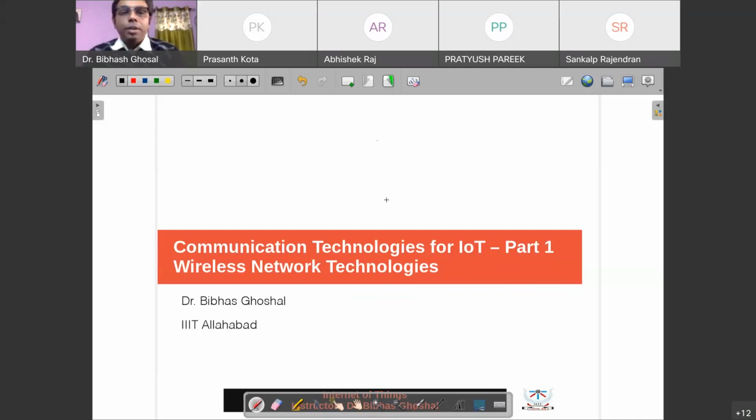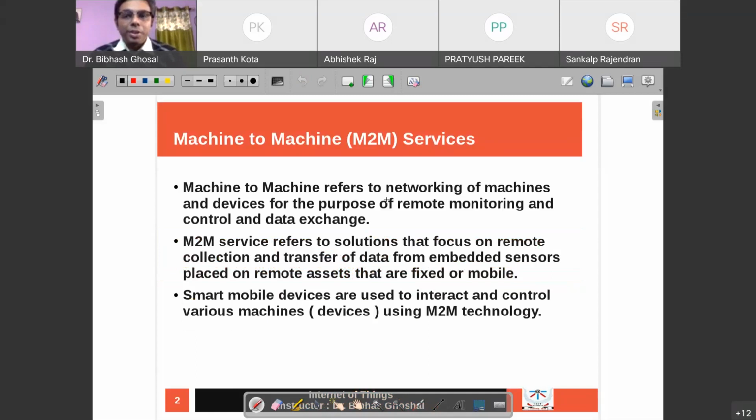Okay, this was a term which was there in the industry before IoT came in the picture, and the majority of the services that we do or have been using in IoT are referred to also as M2M services. What are they? Now, M2M, as the name implies, refers to machine-to-machine interaction.